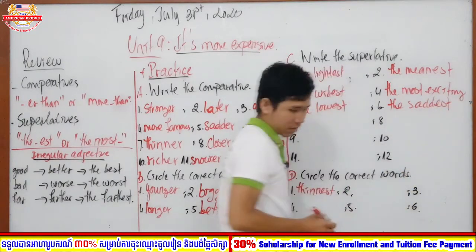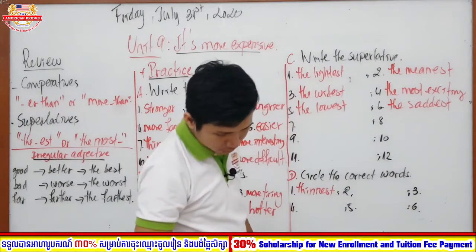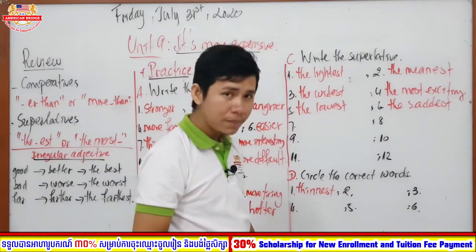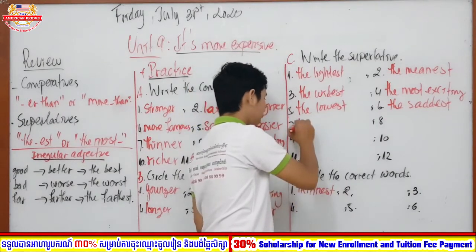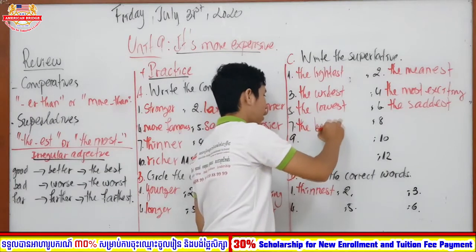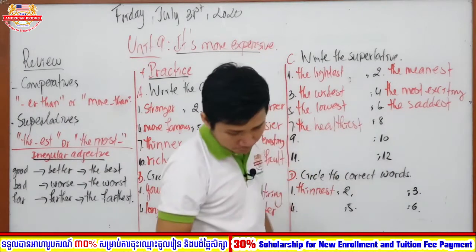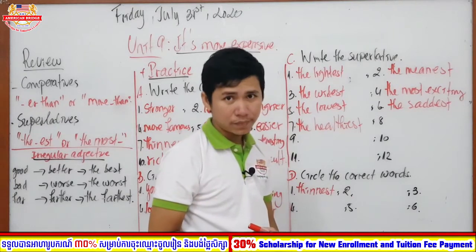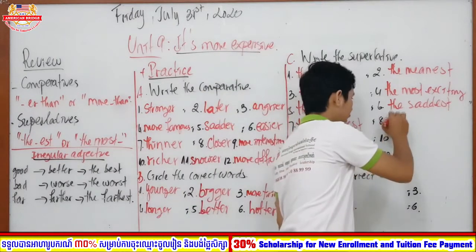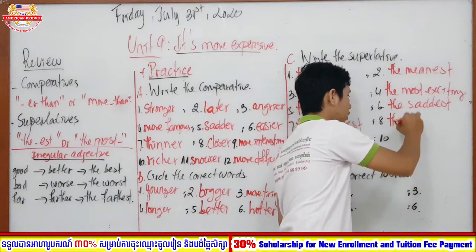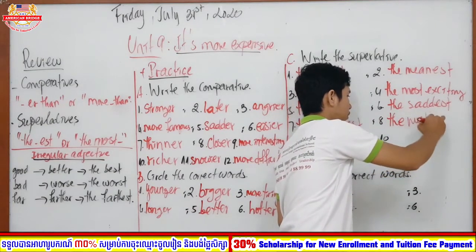The saddest. After number 6 is number 7, healthy. It ends in Y, so it's going to be the healthiest. And after that, number 8, relaxed. It has two syllables, so it is the most relaxed.